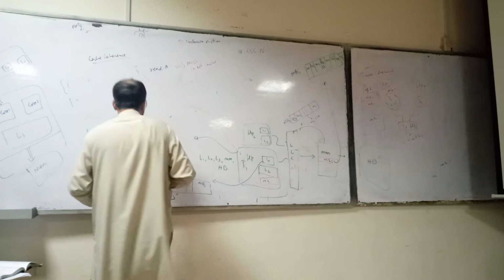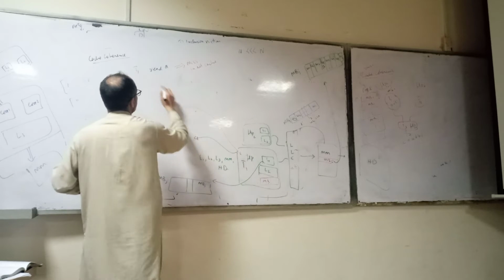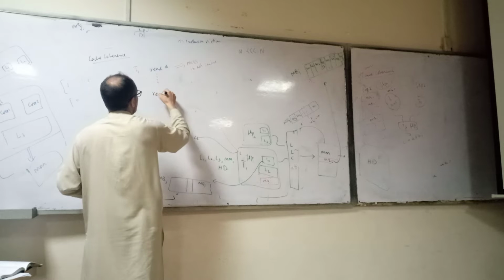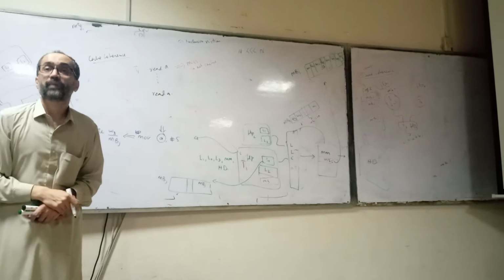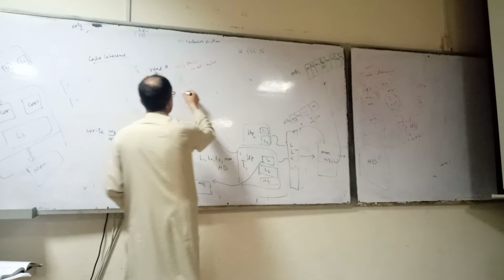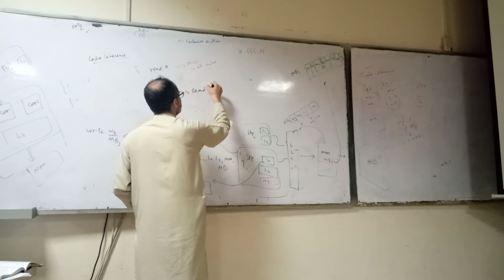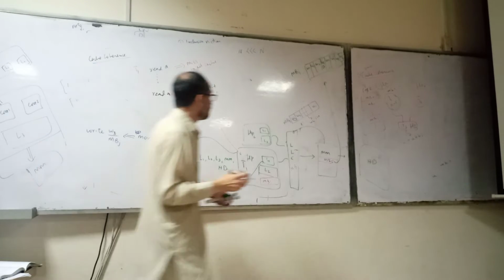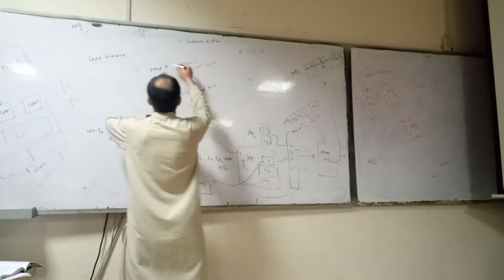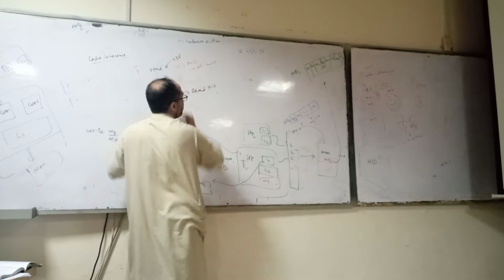Now after some time you say read A. Is it a hit or a miss? Hit. Read it or write it? Read it. Let's assume that the initial value of the block A is 35.